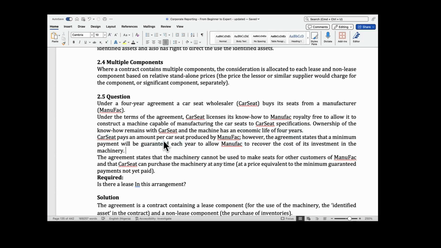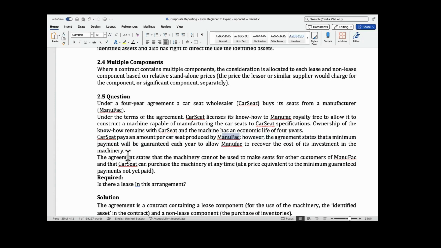So they are saying that in addition to the money Car Seat pays for the car seats it buys from the manufacturer, he must also add something extra so that the investment the manufacturer has put into building that machine, so that it can produce those car seats the way Car Seat likes it, is recovered. So Car Seat must pay something extra on top of the normal purchase price for those car seats.